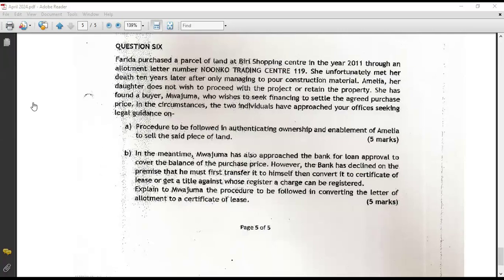So an application will need to be made to the land registry for that area, seeking to apply for a certificate of lease. That will be done by attaching the relevant documents. And in this case, because it is privately owned property, there might be a requirement, as part of the documentation, to have the mother title attached, and the survey report.